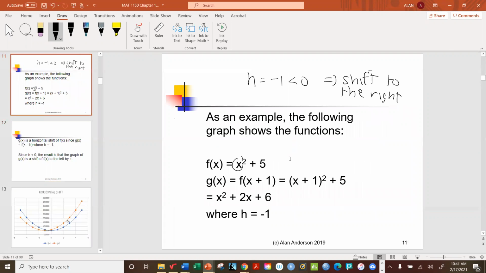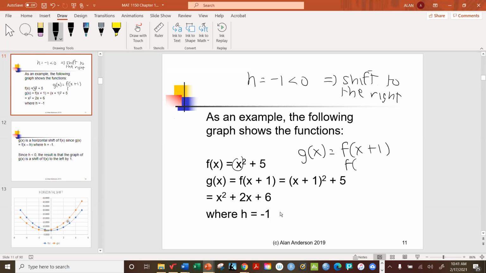You know why? Because h is actually, no, h is negative 1. What am I saying here? This g of x is actually f of x plus 1.